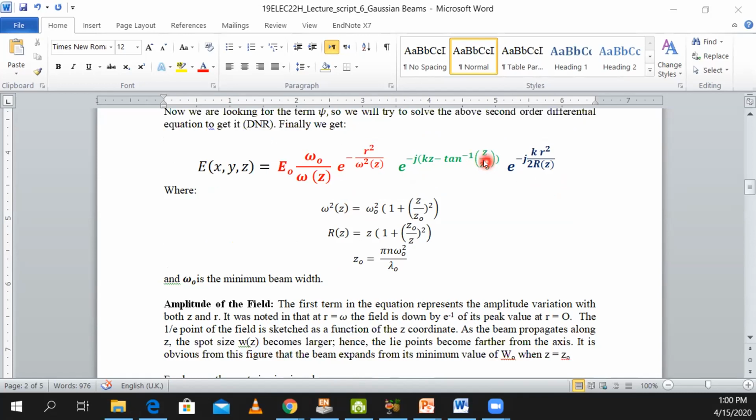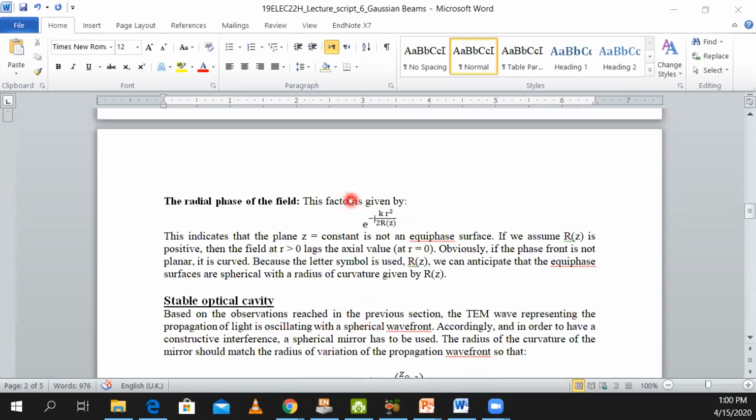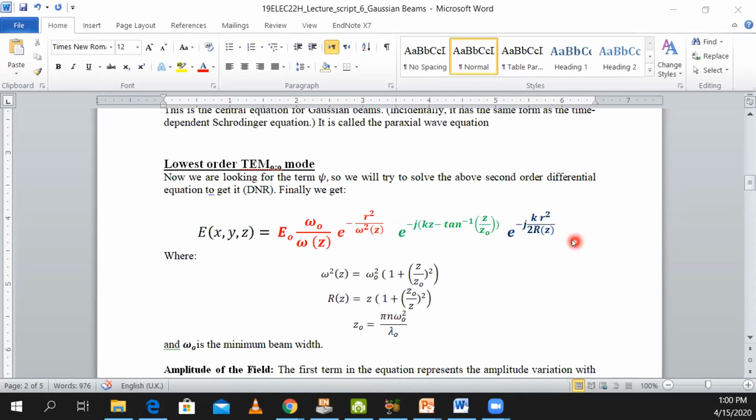We will call the blue term the radial phase because this phase changes with radius. So overall, the electrical field is divided into three sections: the amplitude term, the longitudinal phase term, and the radial phase term.